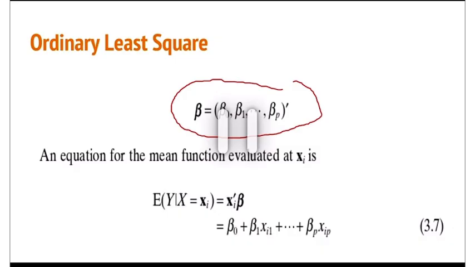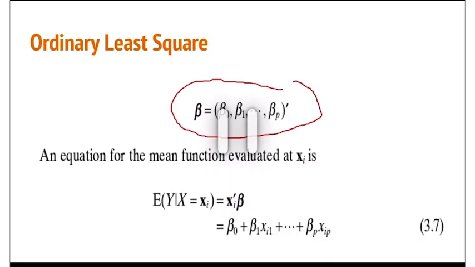And there's something else I want to show you. We have two ways of presenting the mean function: in a scalar way and in a matrix form. Why do I need to show you the matrix form? Because we want to use the idea of matrix algebra, since we've got a lot of parameters involved.